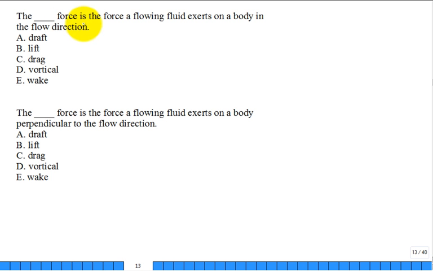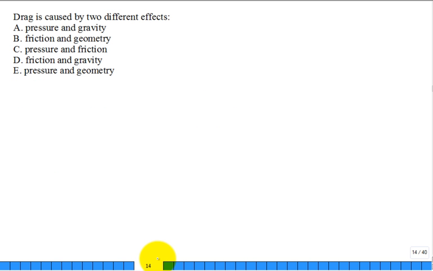The blank force is the force a flowing fluid exerts on a body in the flow direction. Drag, not draft, drag force. The blank force is the force that the flowing fluid exerts on a body perpendicular to the flow direction. Lift. Drag is caused by two different effects.